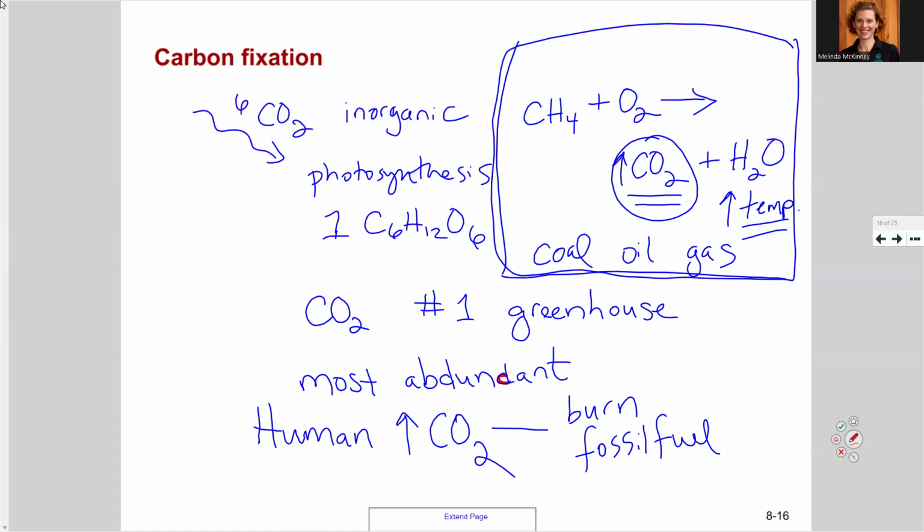So this is the #1 reason that we are seeing an increase in the temperature today on the planet, resulting in more storms and all of the other fires and things like that. So to the extent that you can be conscious of how much carbon dioxide you're producing, you can have an impact that might reduce the overall rate at which this is increasing. Okay.